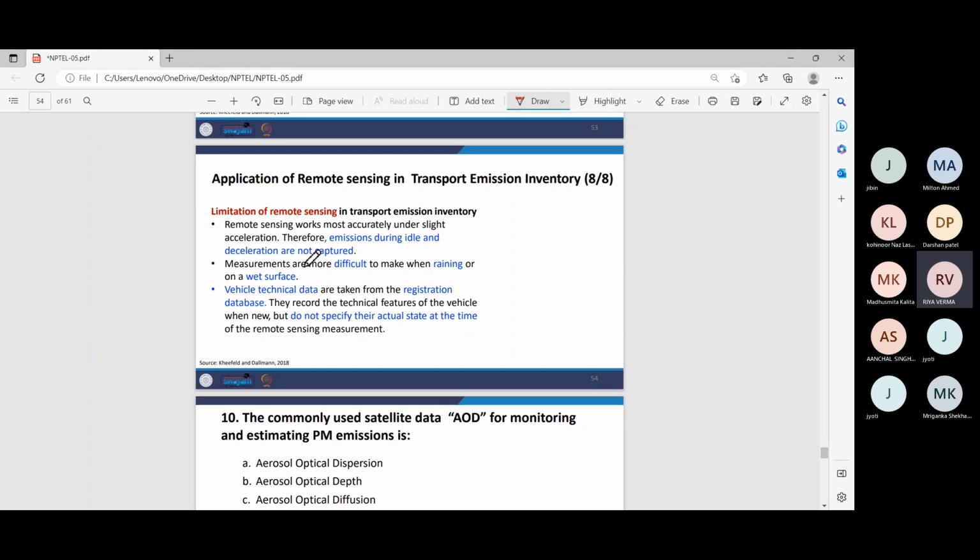So the actual state of the vehicle when the remote sensing is being done is not clear. That is also one limitation of this remote sensing method.